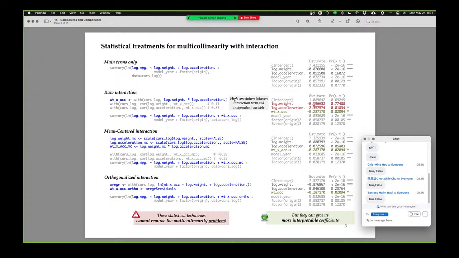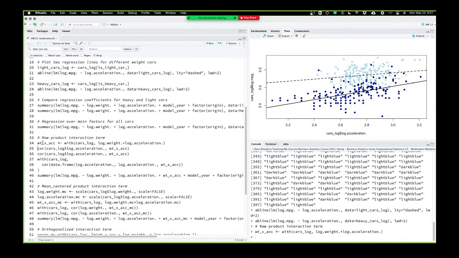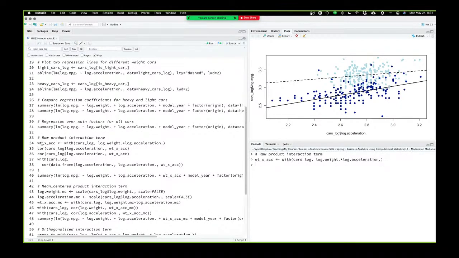I haven't shown the actual correlations here, but let's see if I have them down here. Here's my interaction term, and I can see that weight has a small correlation and acceleration has a very large correlation with this interaction term.